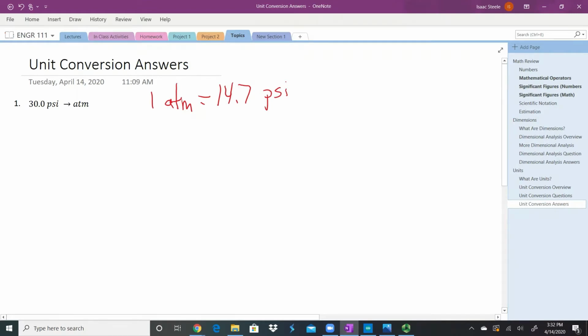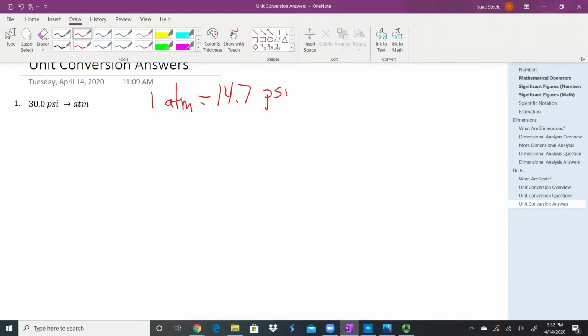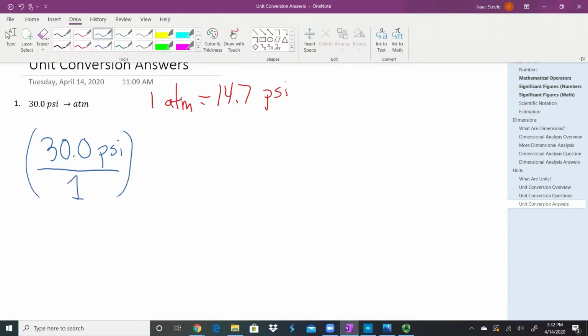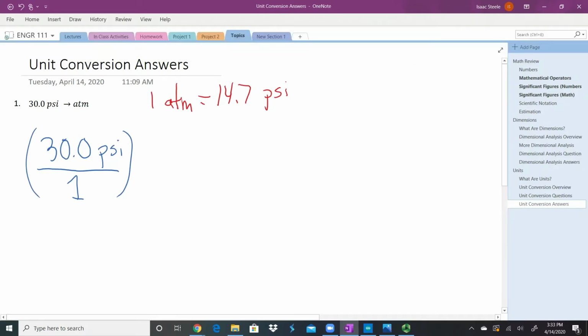So I'm going to go through my steps. I'm going to rewrite my problem as a fraction, 30.0 PSI over 1. And I'm going to multiply this by my conversion factor, making sure that my PSI will cancel out with this PSI. So I have a fraction here.